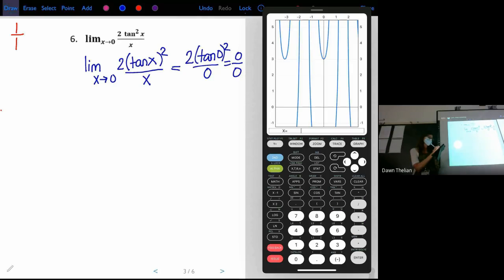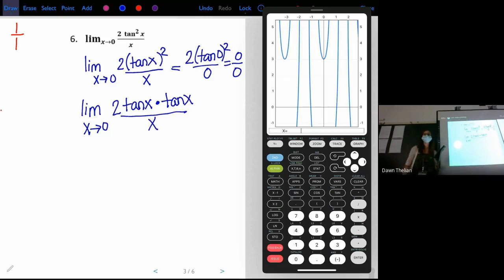Let's split apart tan squared. If tangent is squared, that means I'm multiplying tan x by tan x. Now, I said in the beginning, I really want you to memorize that sine x over x goes to 1.